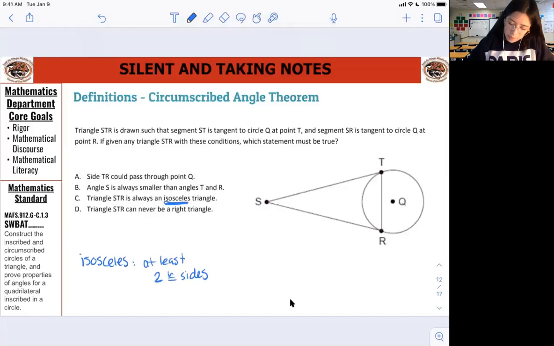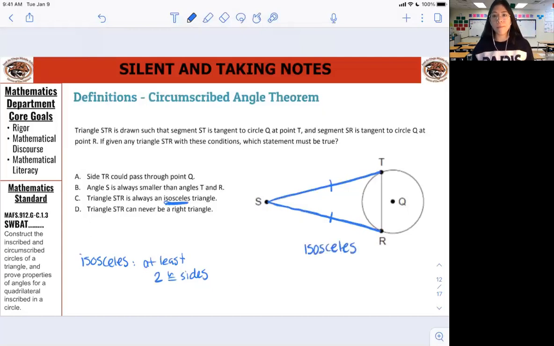Well, what do we know about ST and SR? They're both tangents, and since they are both tangents, they are congruent. So this is an isosceles triangle. Right? We agree?